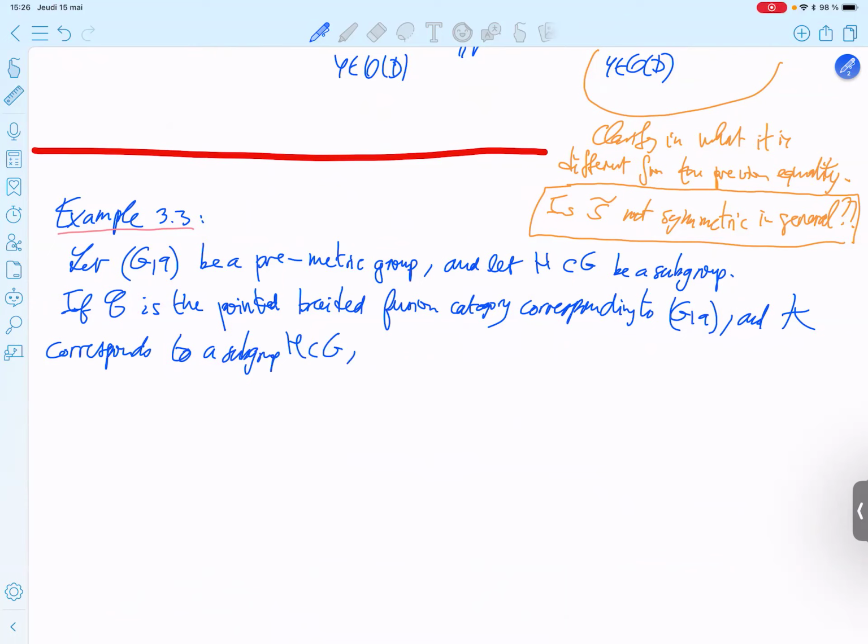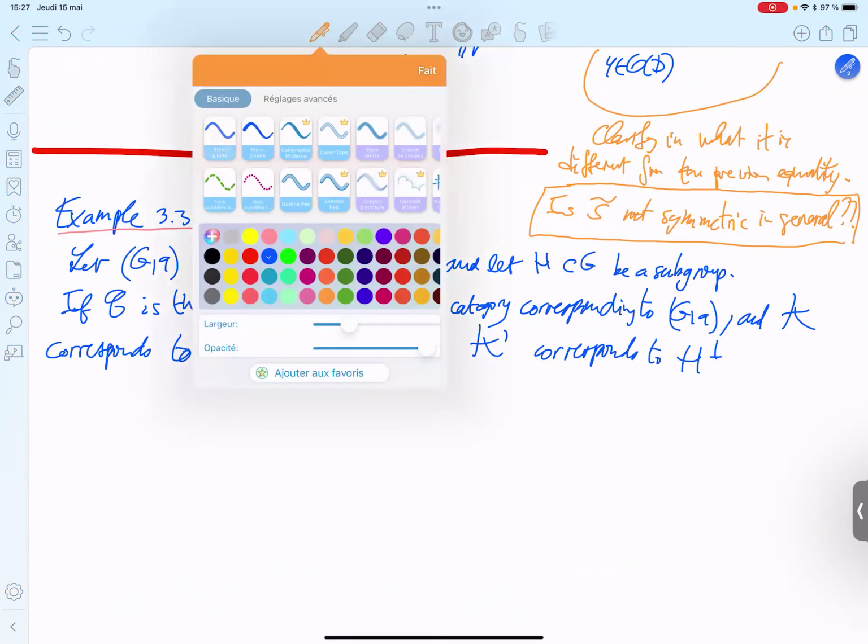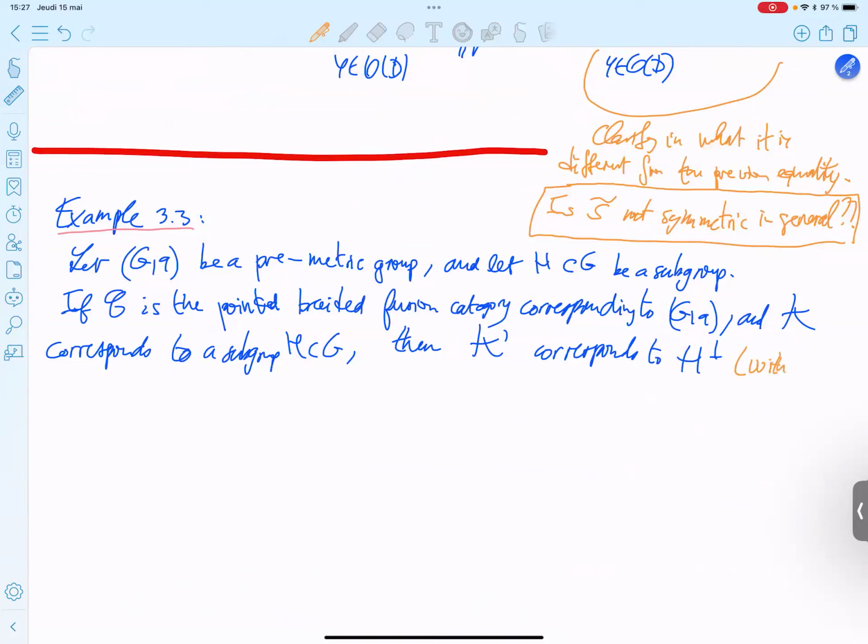Then the centralizer of K corresponds to the orthogonal of H with respect to the bilinear form B induced by Q. And this is true by equation 27. So let me recall what that is.